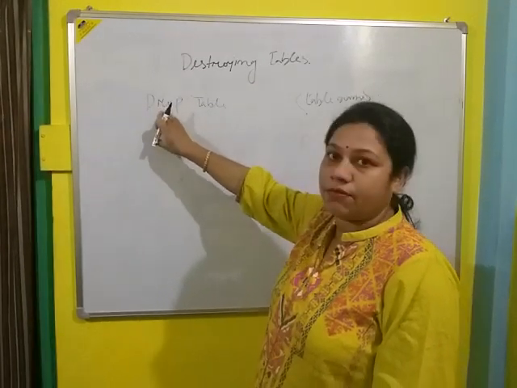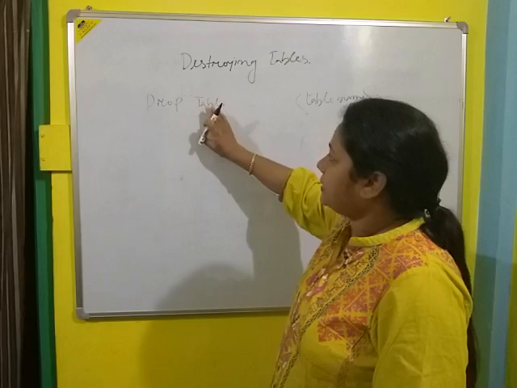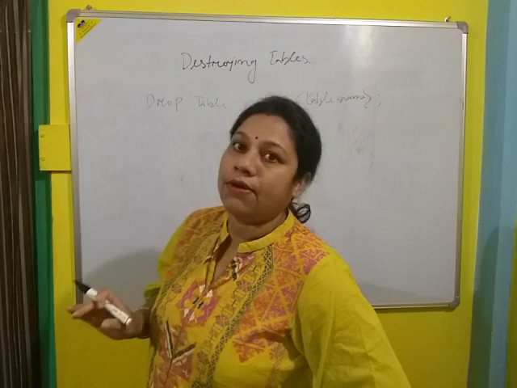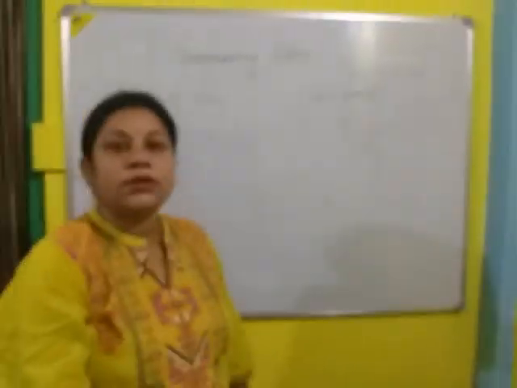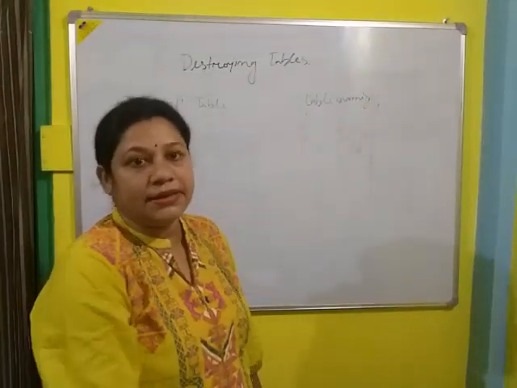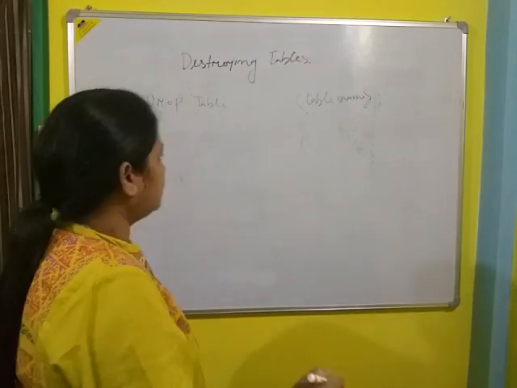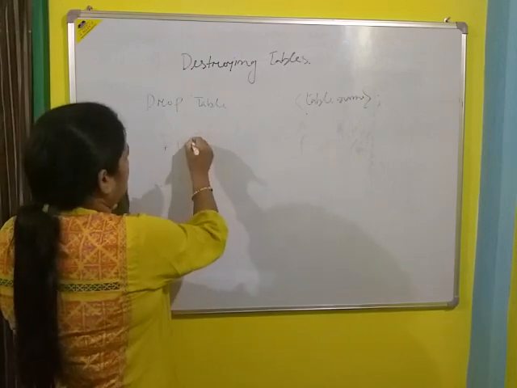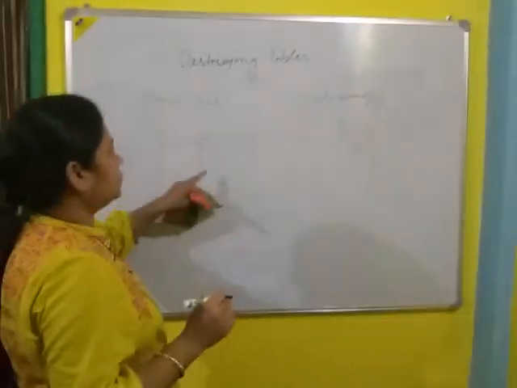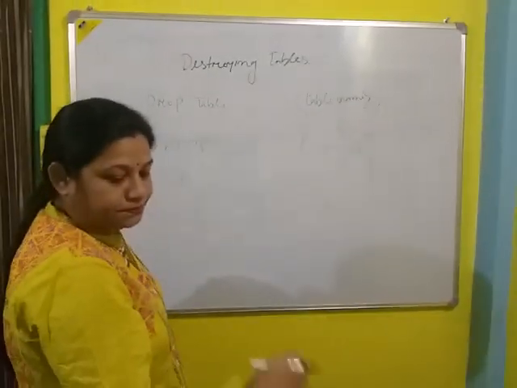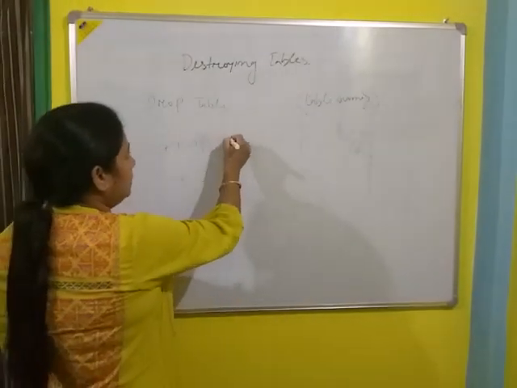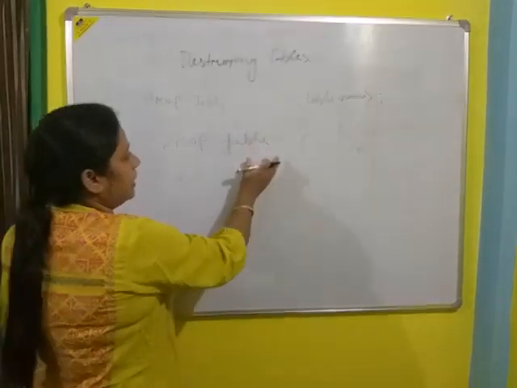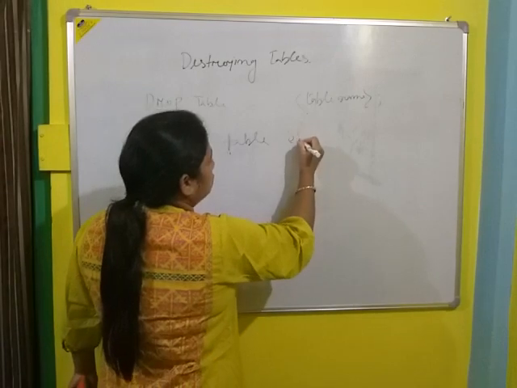That means after the drop command you write table and give the table name. So suppose I want to drop the table student from the database permanently. For that you just write drop table and give the table name, that is student.